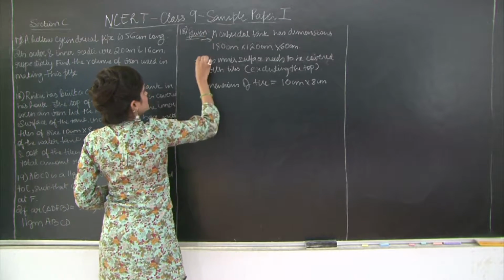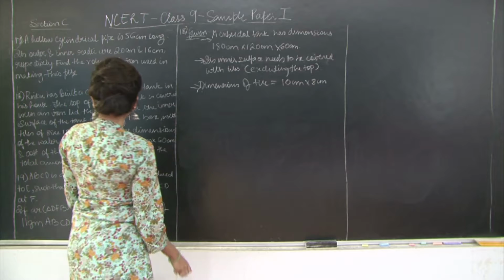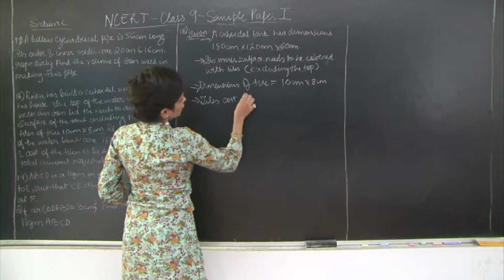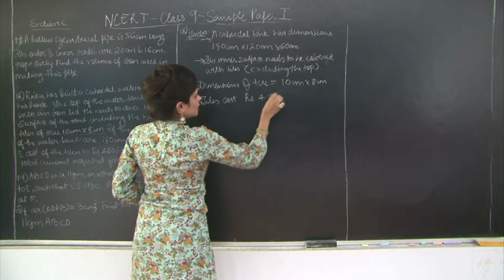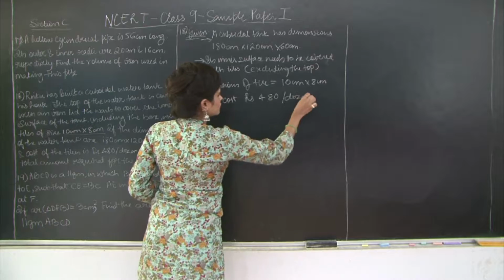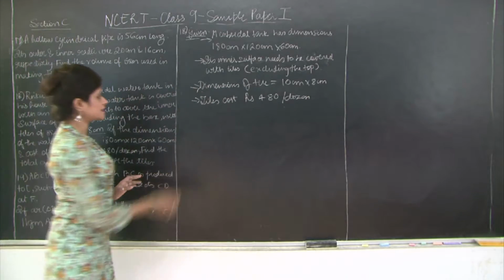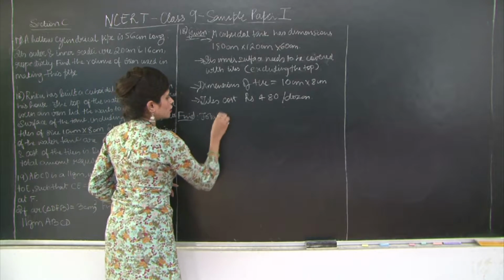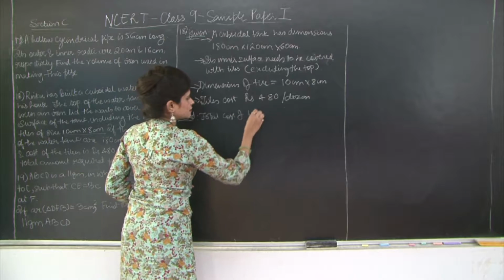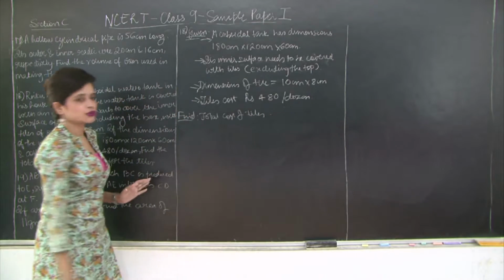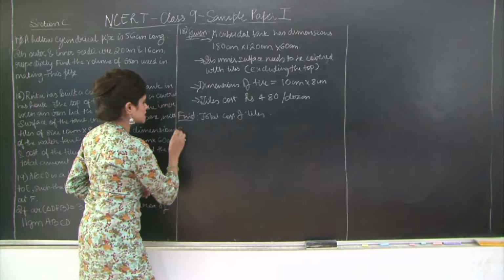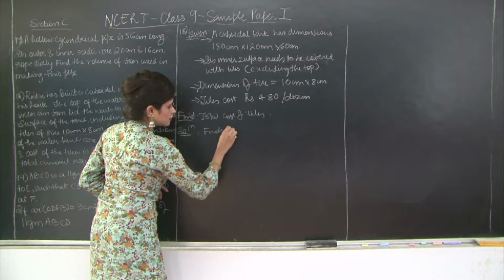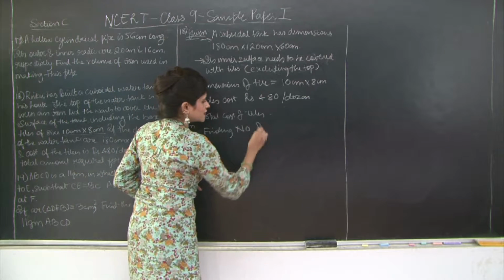So this is 1, this is 2, this is 3, and tiles cost rupees 480 per dozen. We need to find the total cost of the tiles. So let's write this down. Find total cost of tiles. So first what we are going to do is find the number of tiles. So I'll say solution, finding number of tiles.